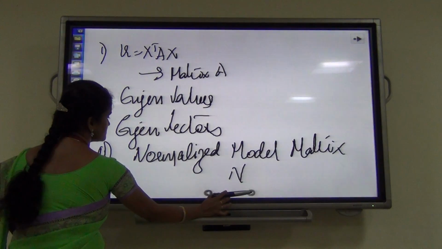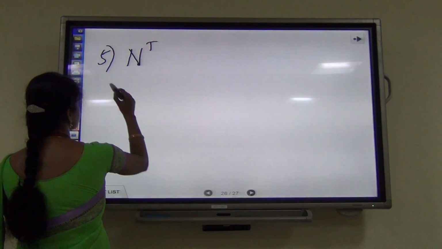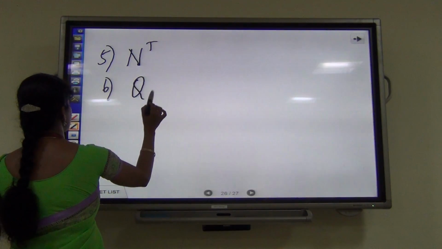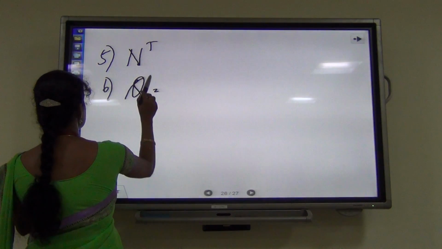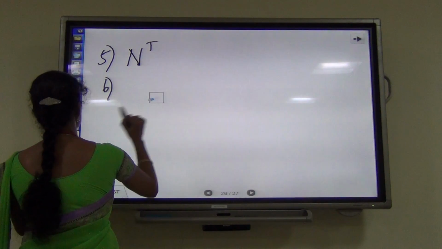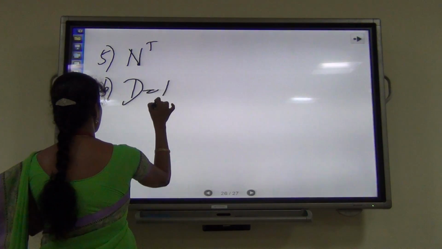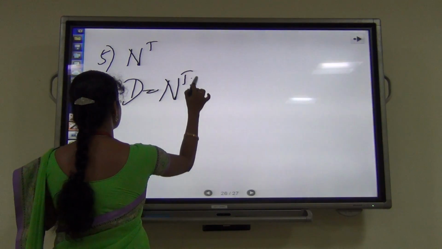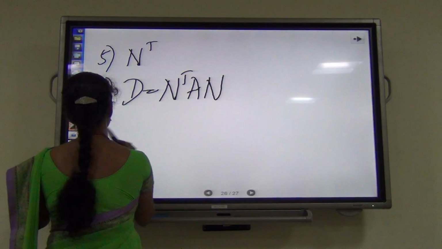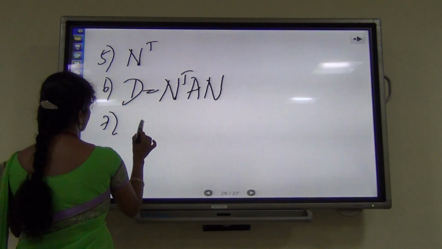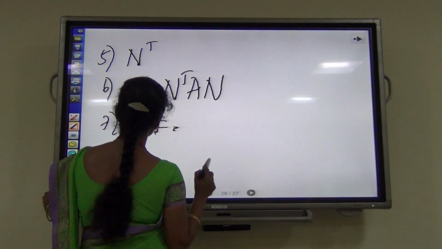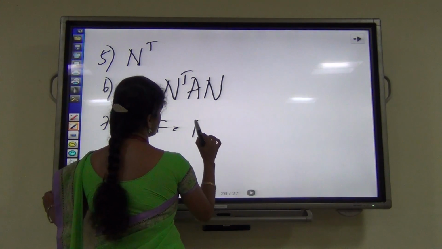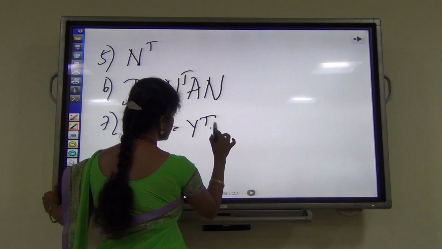Transpose. The sixth step: the quadratic form Q will be converted as we find N transpose; this is nothing but D = N transpose AN. The seventh step: the canonical form is equal to y transpose Dy.